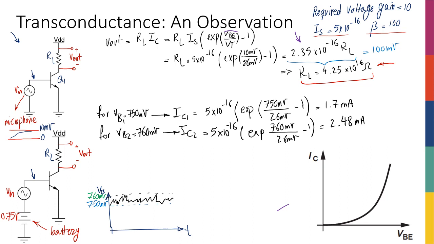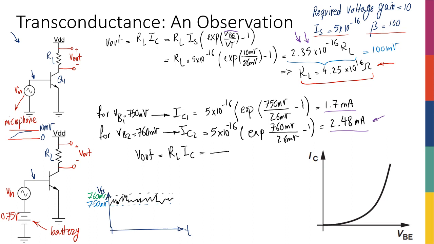So if we were changing between 0 and this current, now the collector current is changing between 1.7 milliamps and 2.48 milliamps. Okay, good. So now I know that when I have a 10 millivolt input, I'm going to get this current at the output for the 760 millivolts. Therefore, now I know that when V in changes by 10 millivolts, my V out, which is equal to RL times IC, changes.